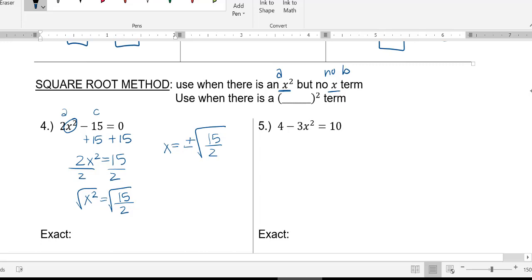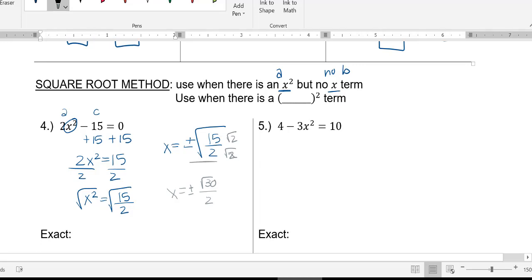Now, if we remember back in the past about simplifying this radical, we don't like that there's a radical in the denominator. So this is another review little extension. To get that radical out, we multiply both top and bottom by root 2. So the numerator becomes root 30, and root 2 multiplied by root 2 is 2. So our two solutions are positive root 30 over 2 and negative root 30 over 2.